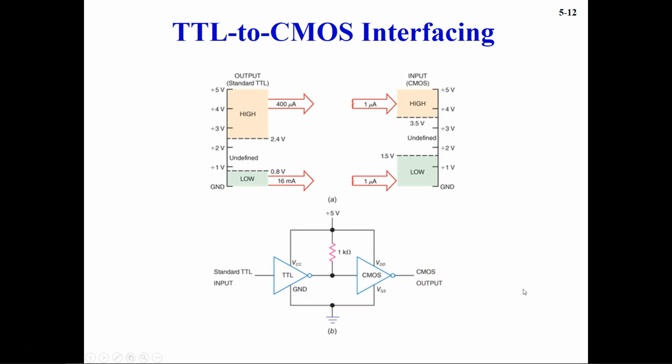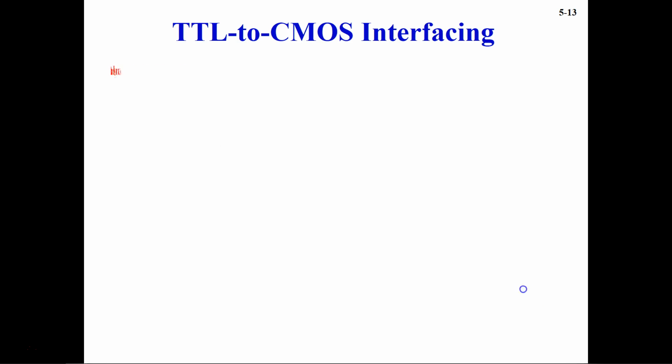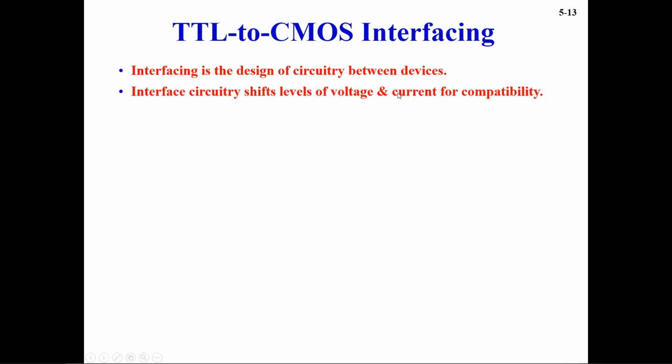Now we are going to move on to the next slide. We are continuing the TTL to CMOS interfacing. So I'm going to quickly read these. Interfacing is the design of circuitry between devices. Interface circuitry shifts levels of voltage and currents for compatibility.